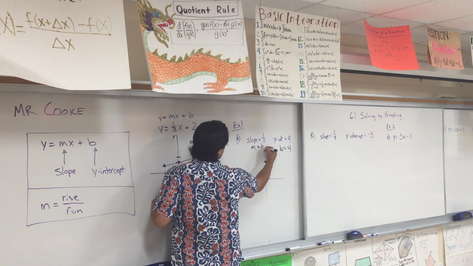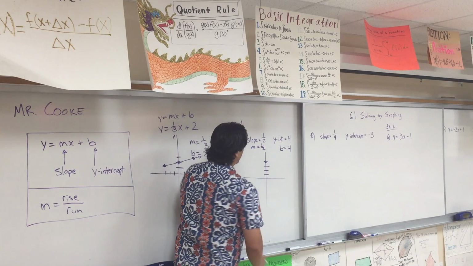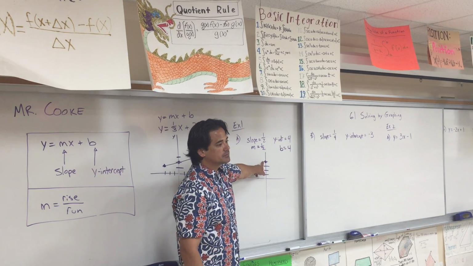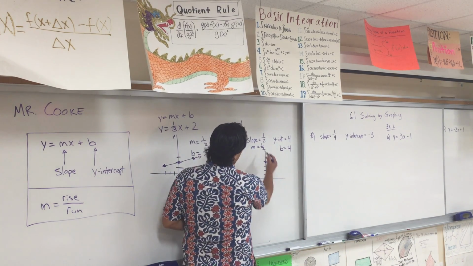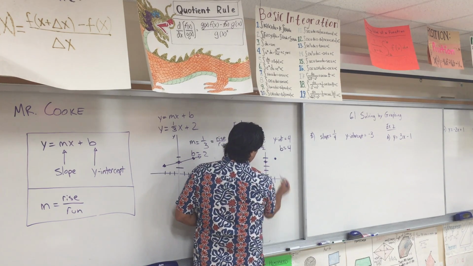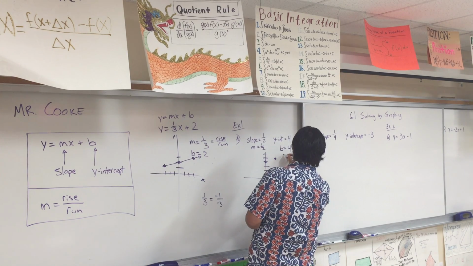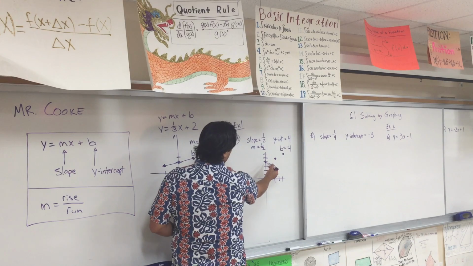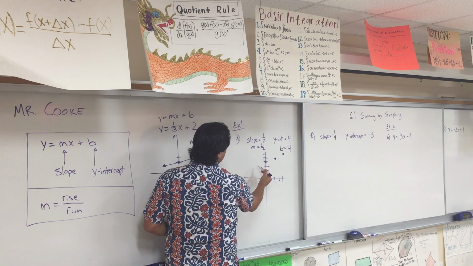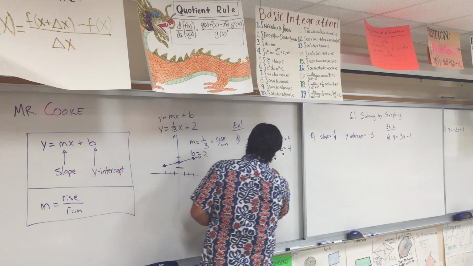Slope is my m. Do we go up from the origin or up from the point? From the point. So we're going to go up 1 over 2. I could do it again, go up 1 over 2. Or I could go down 1 to the left 2, negative over negative.